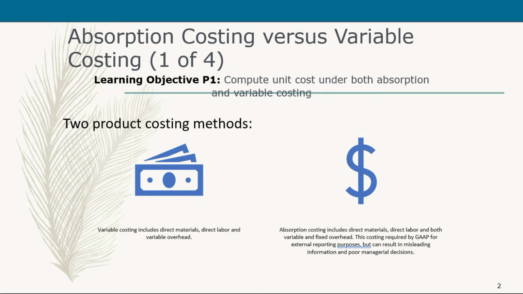Whereas with absorption, the fixed overhead is part of your product cost. So when you sell the units, automatically the whole product cost will be expensed as part of your cost of goods sold. Whereas with variable costing, regardless of the sales and production, your fixed overhead will be outrightly recognized as an expense as part of your period cost.